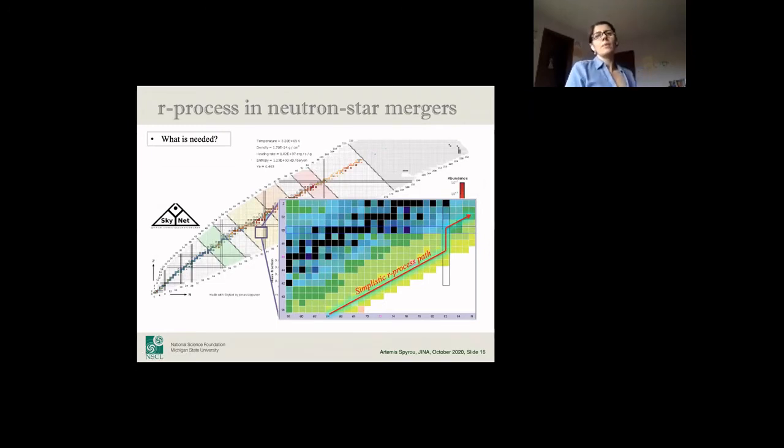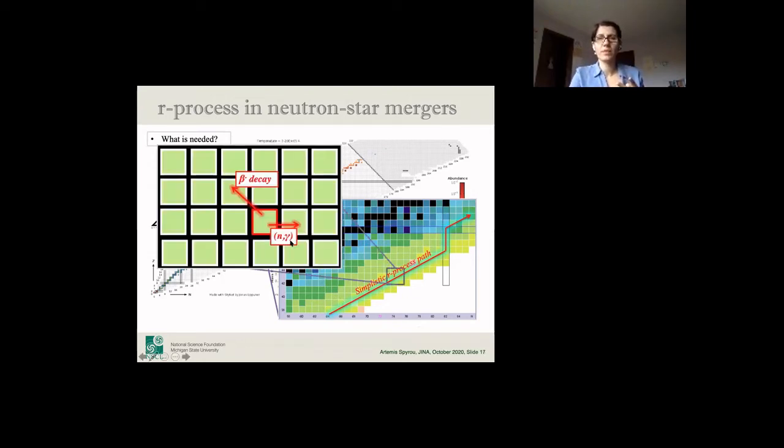So going back to the nuclear physics, we're trying to understand how these processes work. And so as a nuclear physicist, I need to identify what is needed and then figure out a way to measure it. So for example, in the r-process, to figure out what is needed, I have zoomed in here to where the r-process goes.